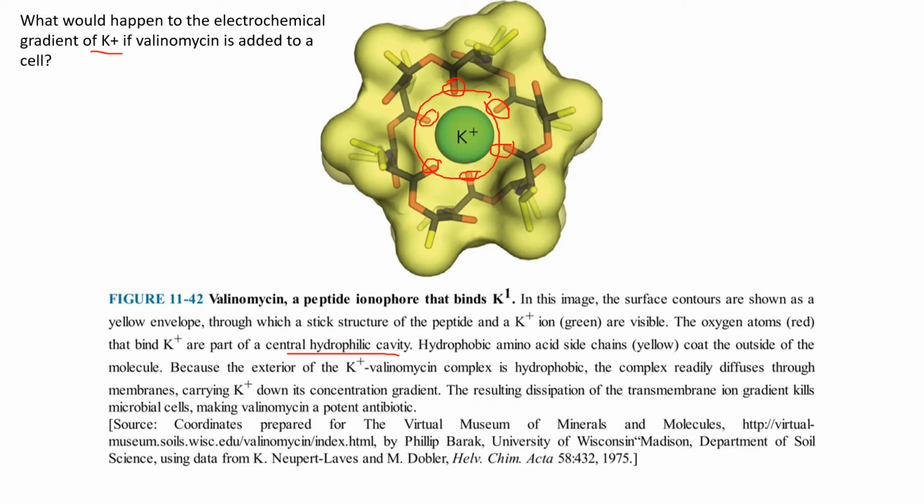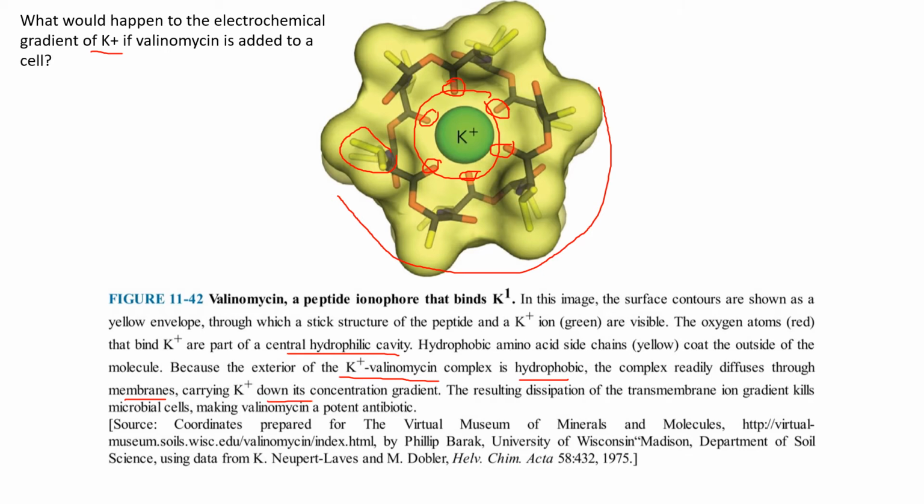Hydrophobic amino acid side chains in yellow. So these are the hydrophobic amino acid side chains. They coat the outside of the molecule because the exterior of the potassium valinomycin complex is hydrophobic. The complex readily diffuses through membranes. So because valinomycin is hydrophobic on the outside, it's able to just flow through the lipid bilayer, and it carries potassium down its concentration gradient.